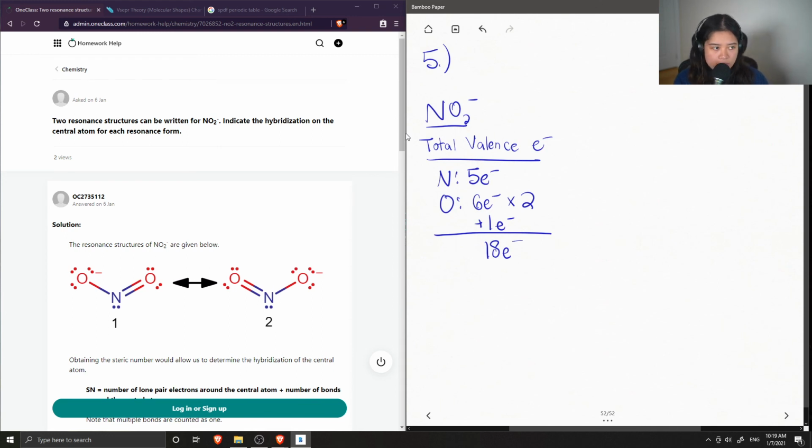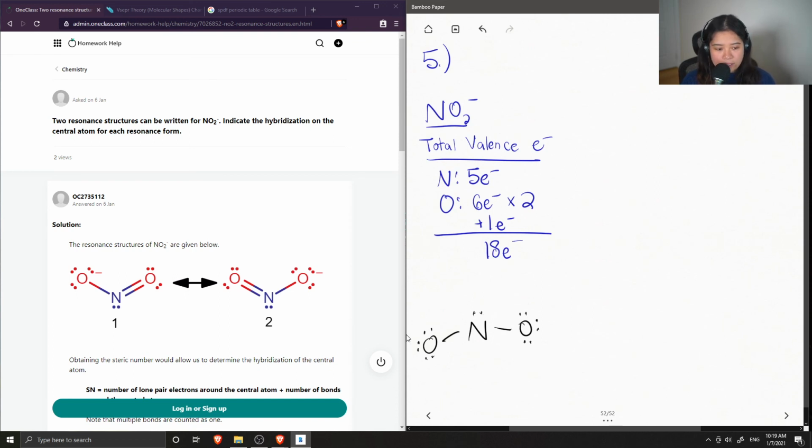So now let's draw our molecule. So nitrogen is our central atom, and then I'm just going to draw a single bond to each oxygen. So now let's show if I fill in all of the lone pairs.